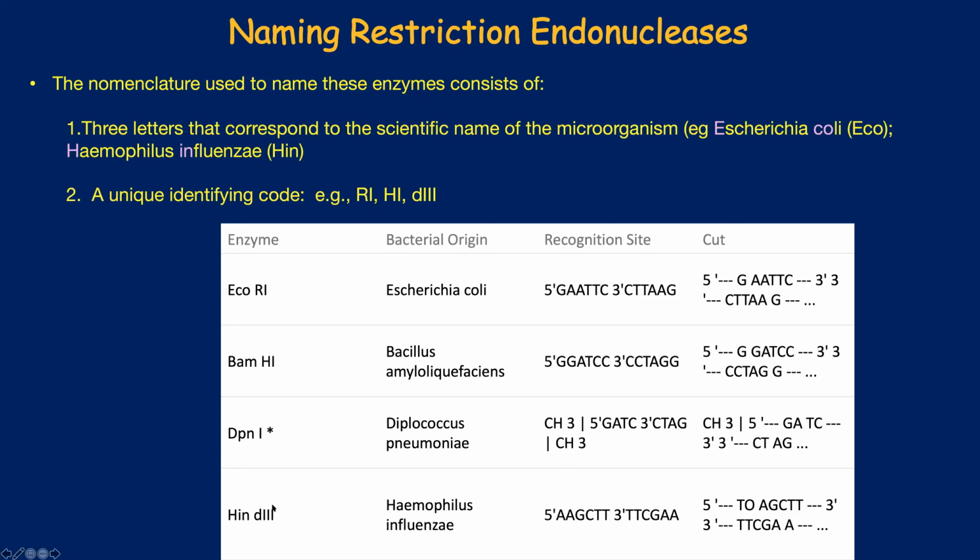And then the D3 specifies a particular restriction endonuclease produced by Haemophilus influenzae. So there's always a unique identifying code like R1, H1, D3, and so on.